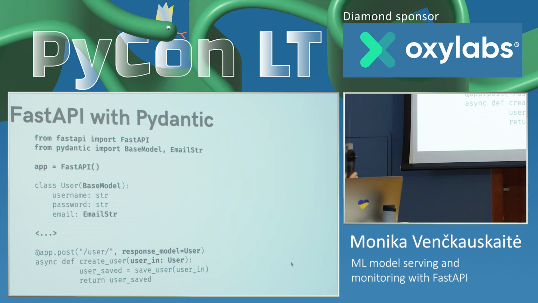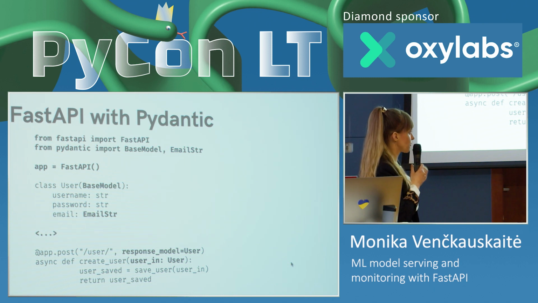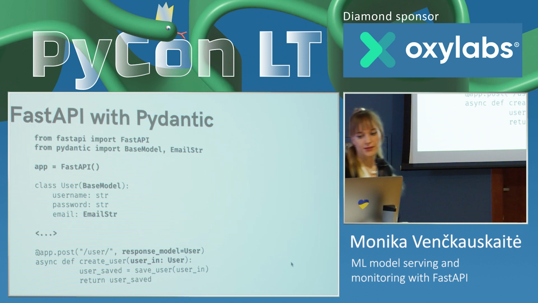Using FastAPI with Python, there's more. You could define your custom models. Here is a custom user class based model, which defines username, password, and email. And you could already have this response model, a user, which you wrote yourself. So you will never run out of options while using FastAPI.